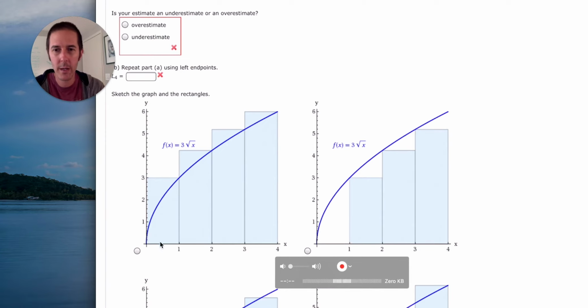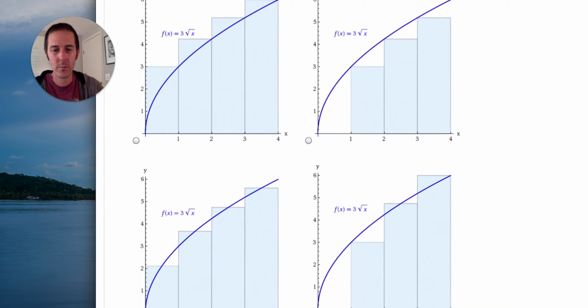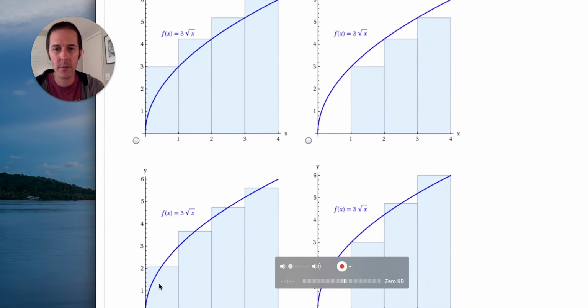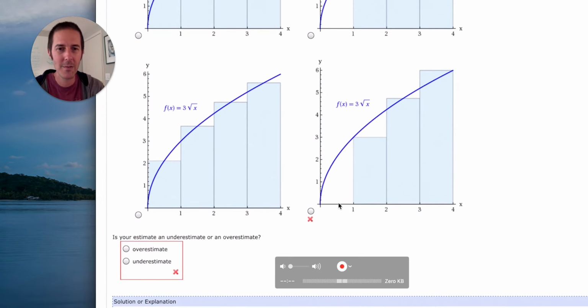This rectangle right here does not have a height of 0. Look farther down. This rectangle does not have a height of 0. This is in my way. This rectangle does not have a height of 0.